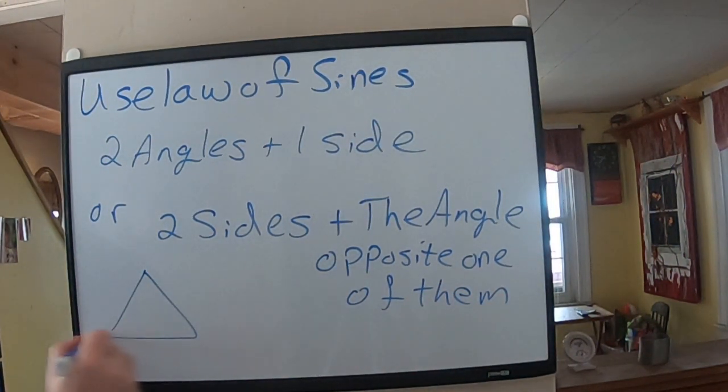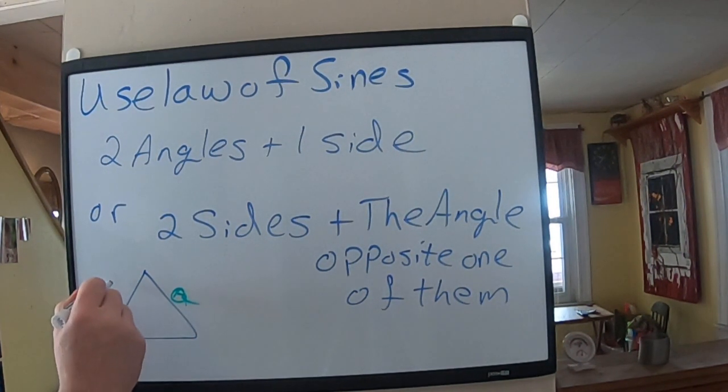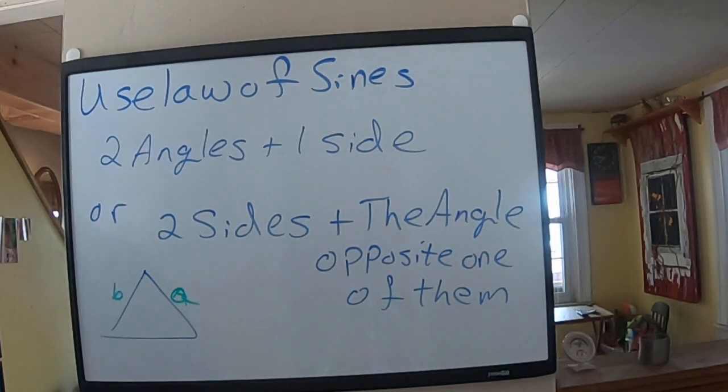So if you're given a triangle and you're given this side, and this side, and you're given the angle across from one of these two, not the included angle. So say you're given that angle. Now you would use law of sines.